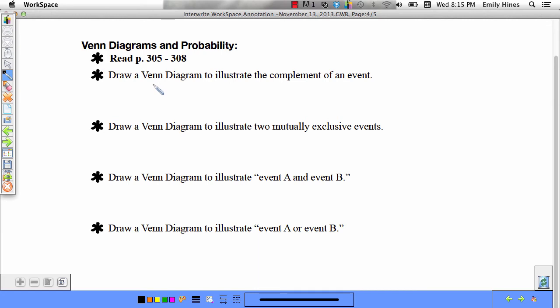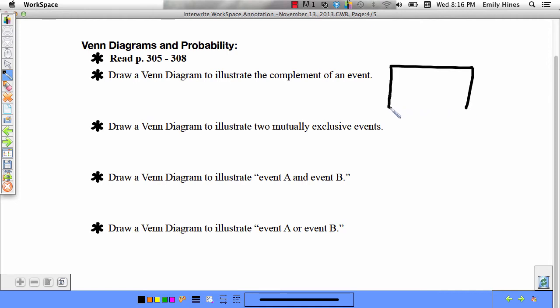The other thing we use when talking about probability is a Venn diagram. I am sure that between language arts and previous math classes, you've seen several Venn diagrams. So this is what they look like when we're talking about them in terms of probability.